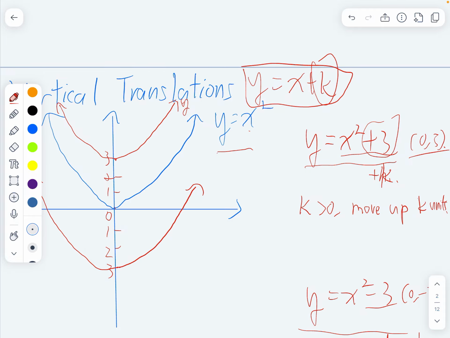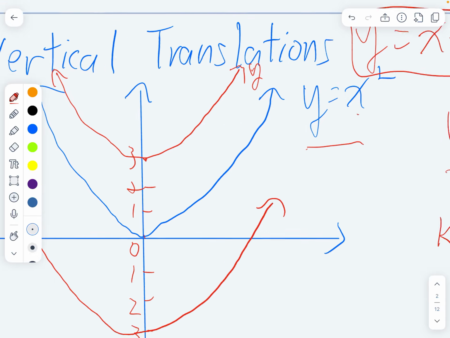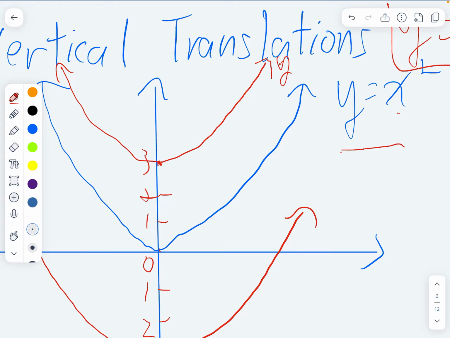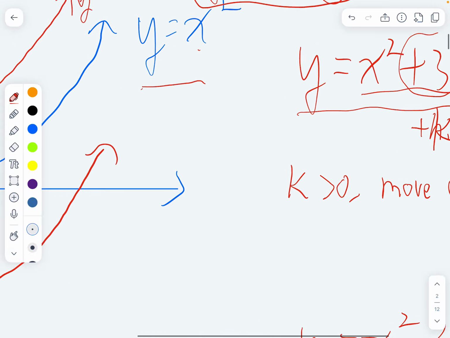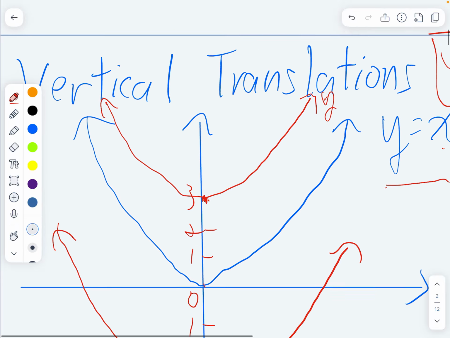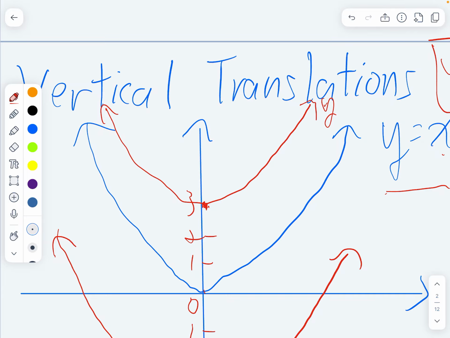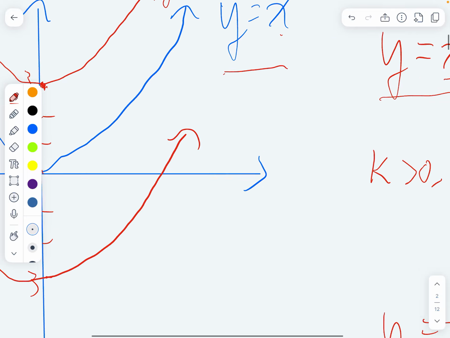The a values are the same, so we know this graph starts from (0, 3), and we draw the graph. We can find that this graph moves up 3 units. So it is called a vertical translation.